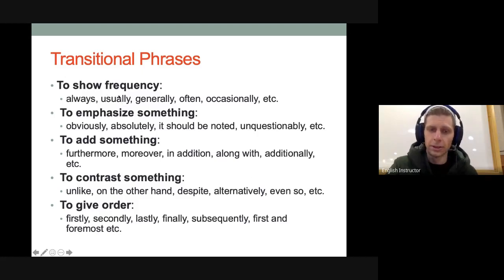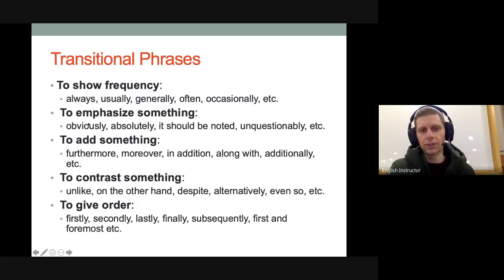So usually, or generally, often, occasionally, and then of course you can also do ones that show a lack of frequency as well. So it's not just that it's often, but rarely would be something, or not as often. And we can also have transitional phrases that emphasize something.